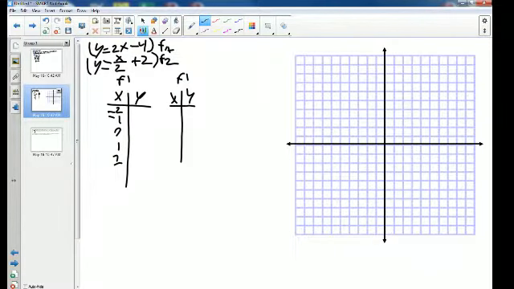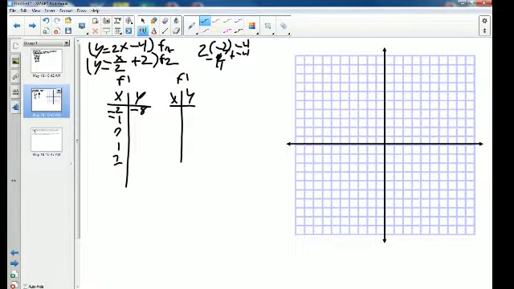So negative 2 would be 2 times negative 2 minus 4. This is going to be negative 4 minus 4, that's negative 8.